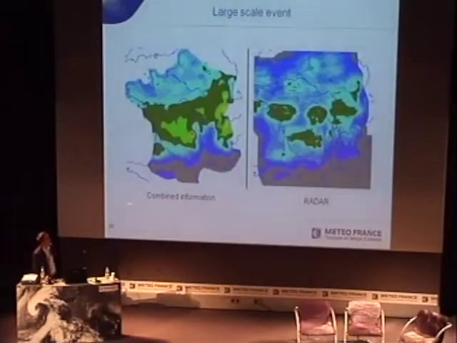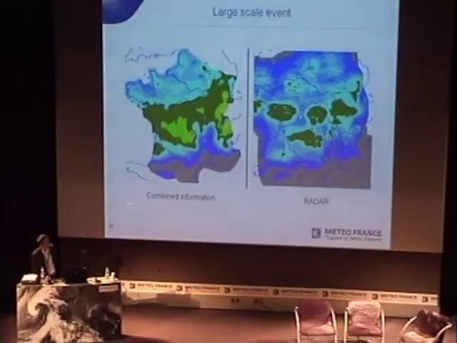Here's one example of a large-scale event. The right image is the radar raw information, and the left image is the combined information. You can see this is not only a smoother map, because you have some really different information, for example, in this area and in this area.